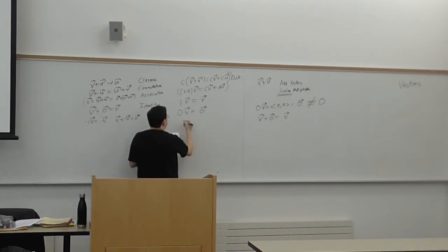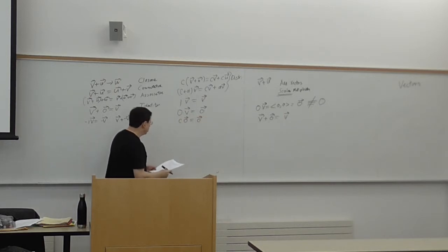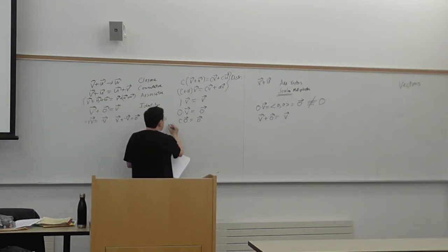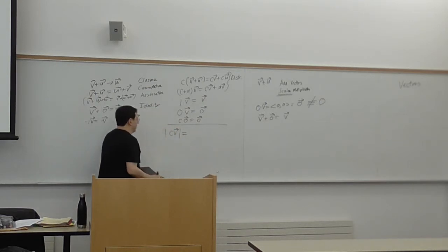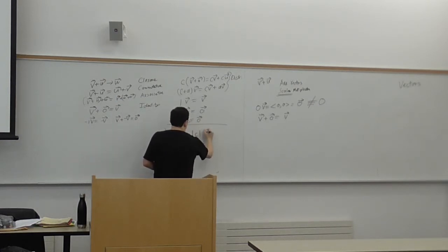And multiplying any scalar times the 0 vector also gives you the 0 vector. Then there's one other useful property: if you have a scalar times some vector and you look at its norm, that's equal to the absolute value of the scalar times the norm of the vector.